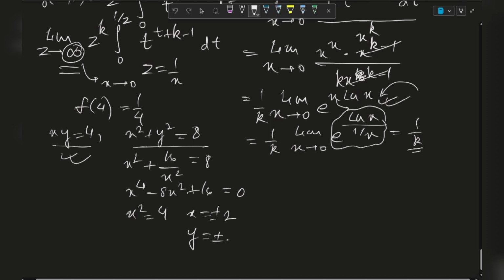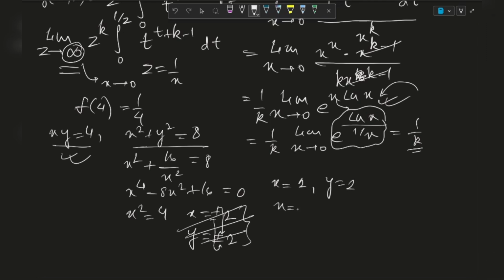Please remember, plus minus 2 doesn't mean that with plus 2, both plus and minus 2 are coming. Plus is coming with a plus and minus is coming with a minus. I will write that so that no confusion occurs. That is x equal to 2 with y equal to 2, and x equal to minus 2 with y equal to minus 2. So basically we have to find the number of points of intersection. So basically 2 points of intersection. So our answer for this question is 2.